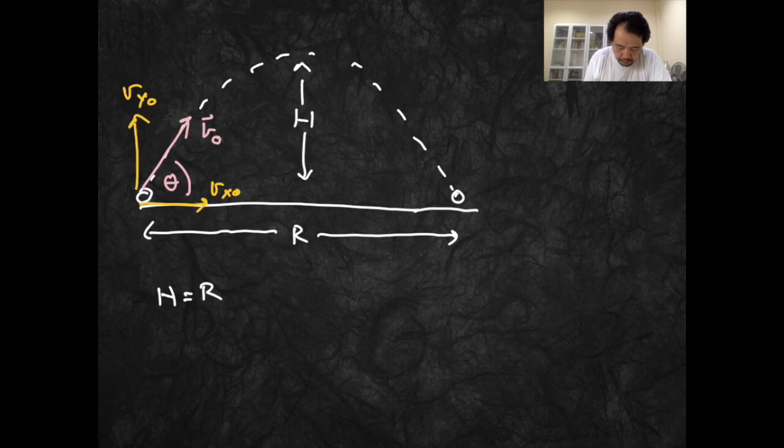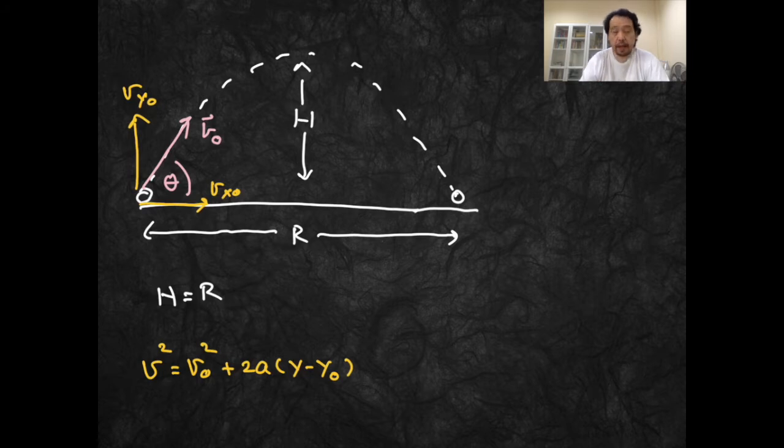And we can use v squared equal to v0 squared plus 2a(y minus y0) here, because we know the acceleration is a constant. Okay, and to calculate h, we don't care about time, we just want to know the distance h.